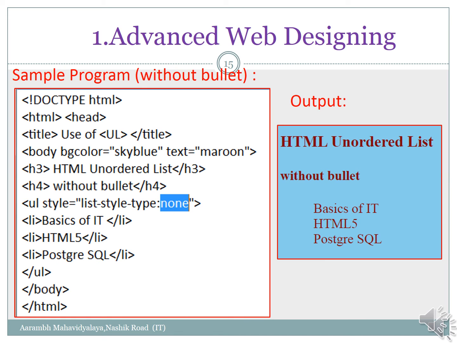The given output indicates the fourth type, that is none. Output indicates no bullets. For that, we have to provide list-style-type as none, as given in the program.